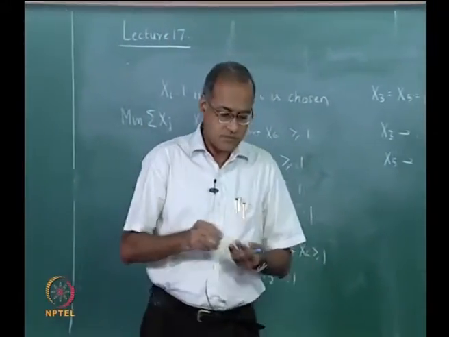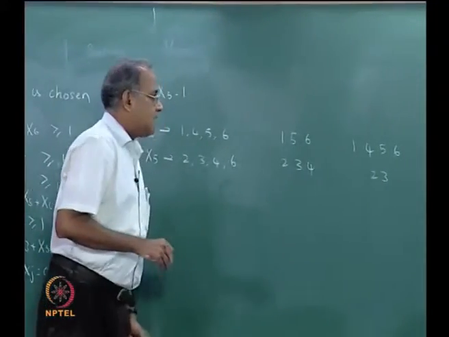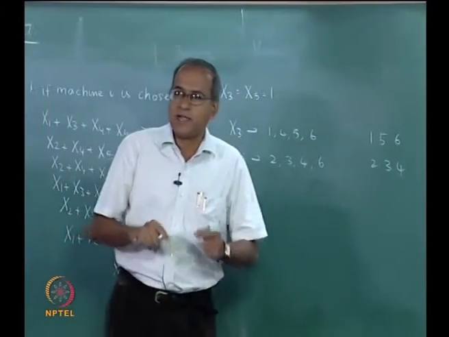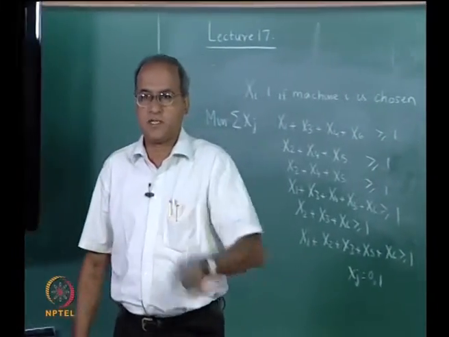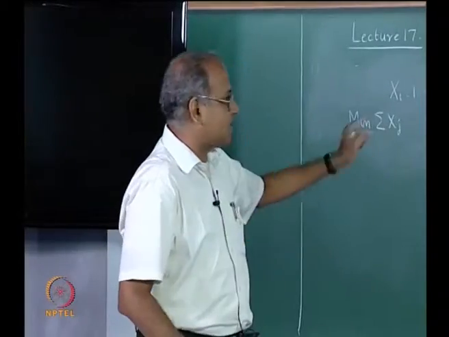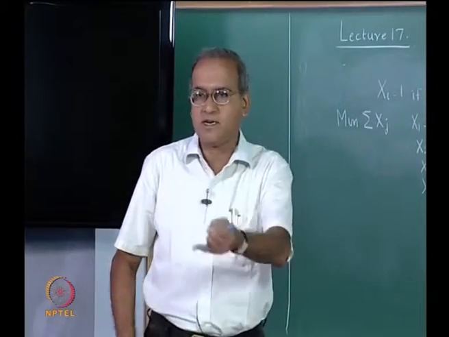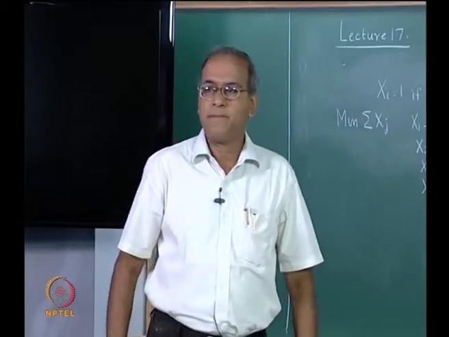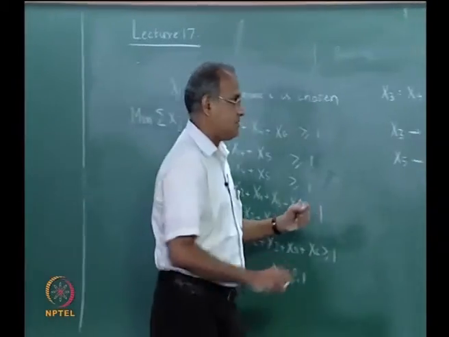One is, we should also at some point clearly say which operation goes to which machine, because the processing times may be different. So, we need to bring processing times into this picture, which we have not done.